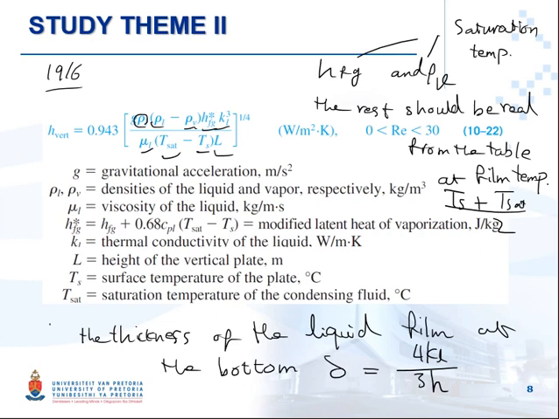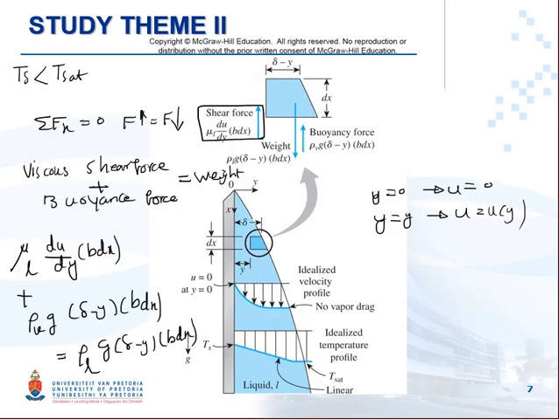We said that this correlation is exactly the same as what we found for Reynolds between 0 and 30, which is the first flow regime that we talked about, the same as Nusselt did for Reynolds between 0 and 30.